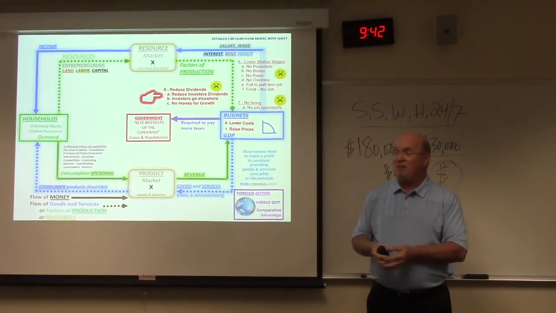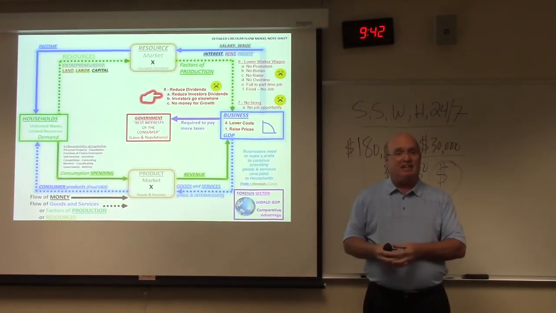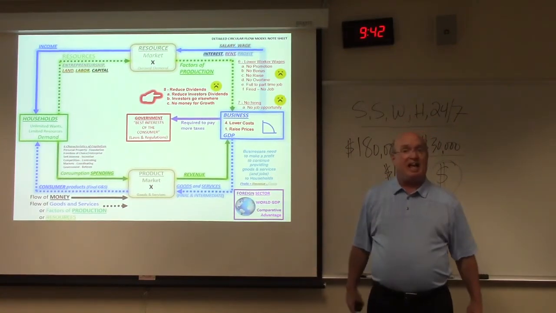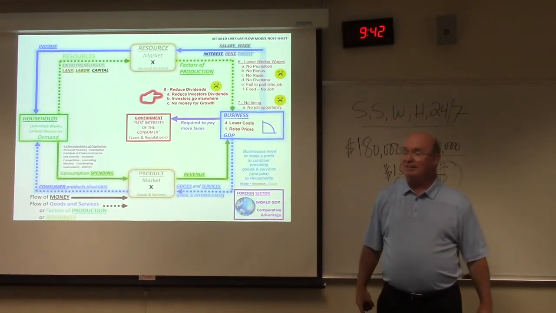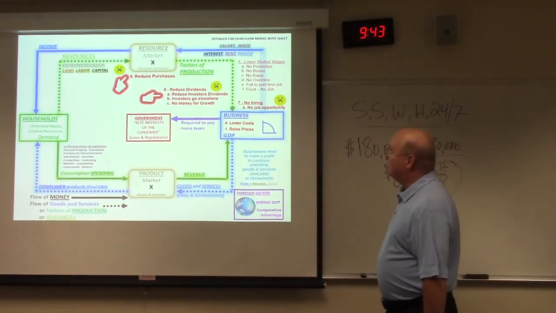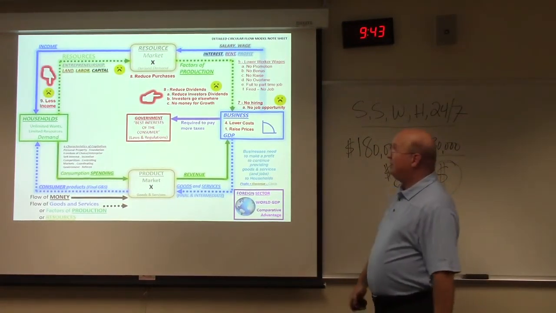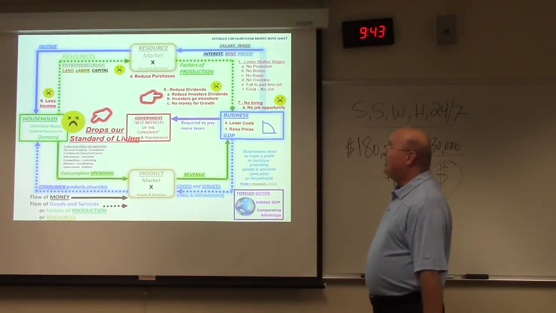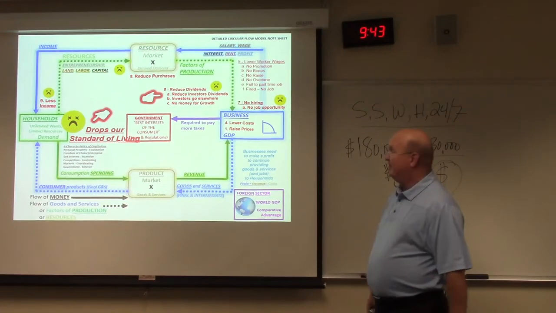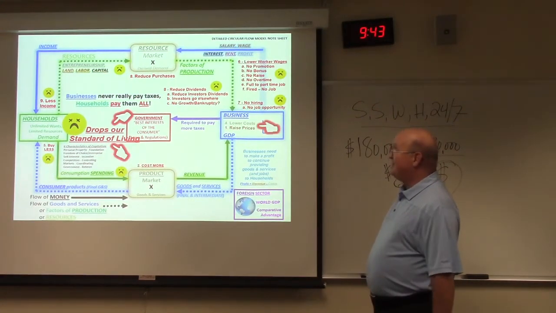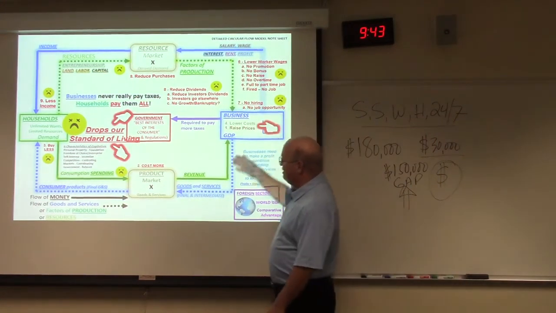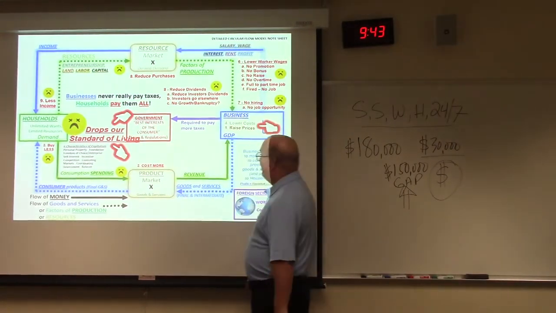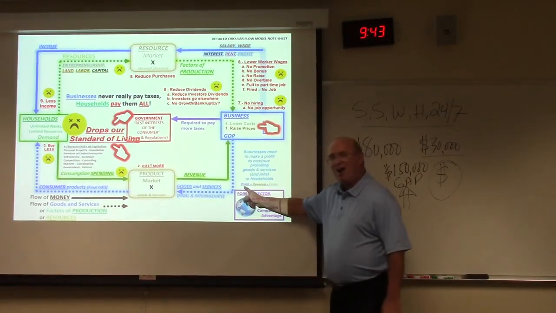But what happens is all of a sudden that company doesn't have as much money as they did before, and guess what? They have to go ahead and reduce their costs even more. As we reduce those costs, it reduces what we can purchase, which gives us less income, in this case less income in the future, drops our standard of living. So in any case, whether it's raising prices or reducing costs, they have to make a profit.